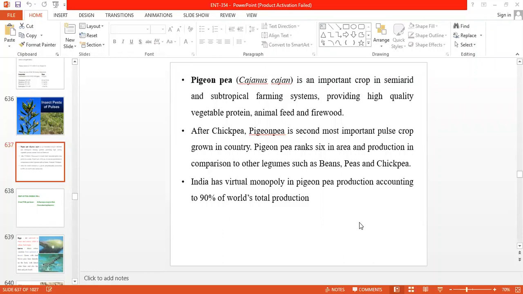So this is one of the most important pulse crops in our India, that is the pigeon pea or red gram, Cajanus cajan. So, the major pests of pigeon pea.